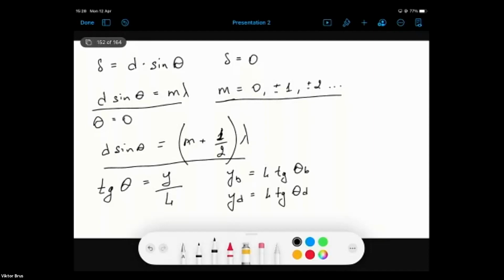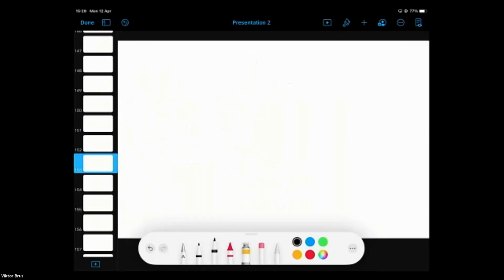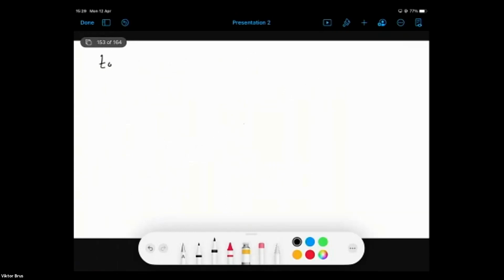And assuming the case when we have small angles theta, we can write that tangent theta is close to sinus theta, and our equations for linear position of fringes can be rewritten in the following form.